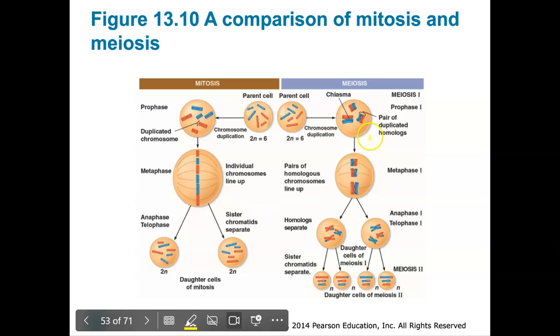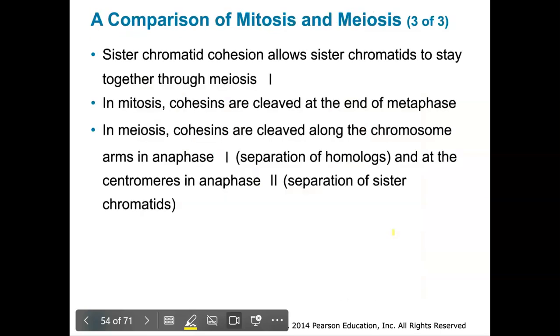And then going back up to prophase, of course, you have homologous pairs finding each other. That's called synapsis, and then crossing over. Now, when the chromosomes are separated during anaphase, in mitosis, it is sister chromatids that are separated. But in meiosis, it's homologous pairs that are separated during anaphase 1.